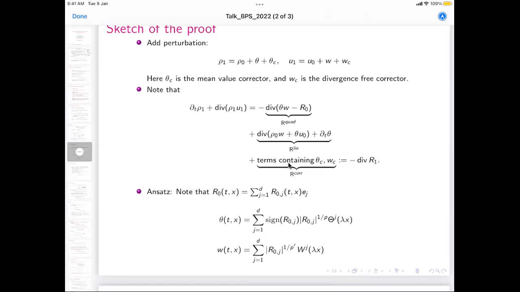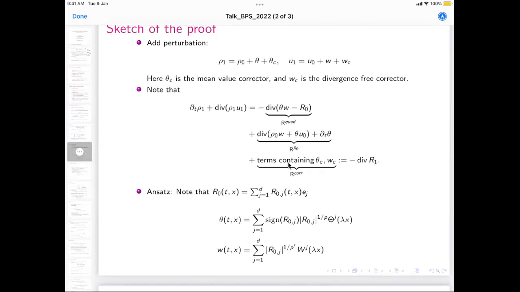So this is not important. What the low frequency is there, right? And I want to construct theta and w, these two high frequency. That means I should construct this theta j and w j. Remember, this is like a vector R0. I can always expand in the usual basis, right? And for each component, I can cancel. That's what I'm doing here.